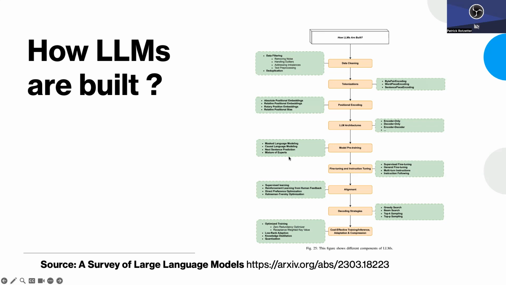Mixture of experts is something that is getting popular. I don't know if you heard about Mistral, the Mistral model, which is a mixture of experts. So basically, you train multiple models, then you give input to all these models, and then you choose.